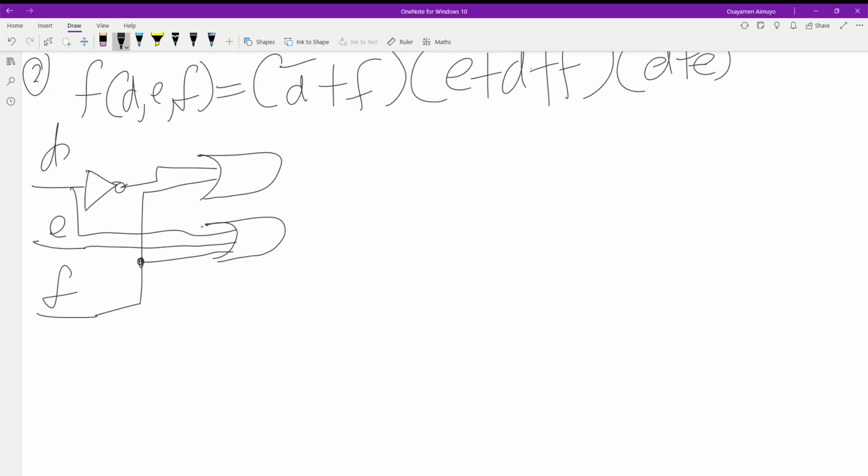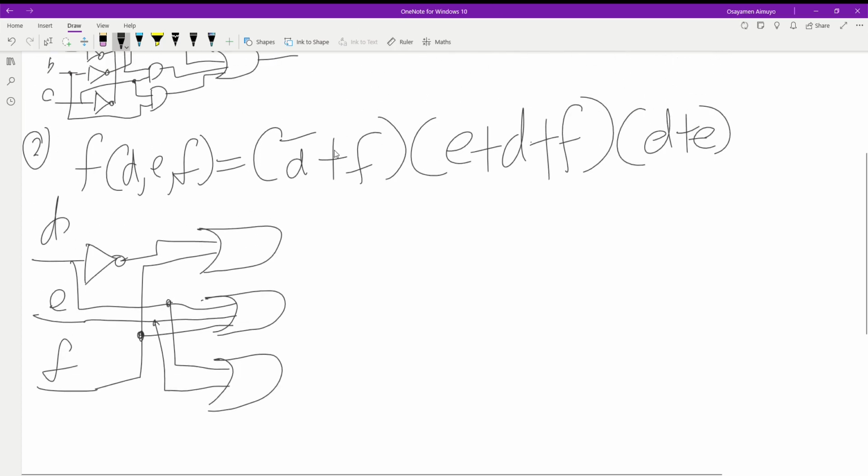Okay, so that is D, E, F, and then the last is just D or E. Remember this is D, and then this is E as well. So we have our first level, and then the last level.